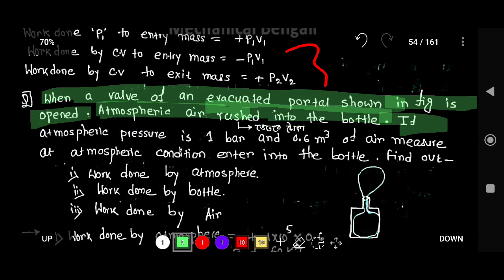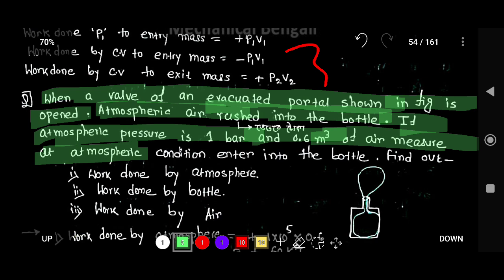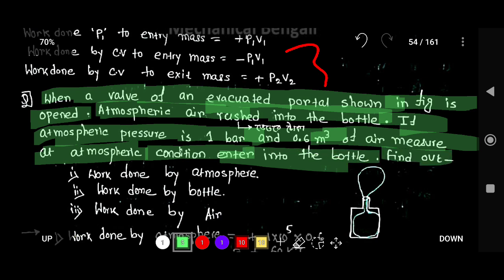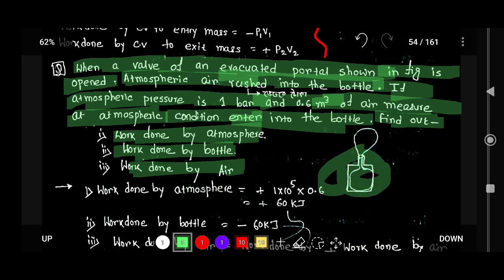If atmospheric pressure is 1 bar and 0.6 meter cube of air measured at atmospheric condition enters into the bottle, find out the work done by atmosphere, work done by bottle and work done by air. So basically this diagram is given in the question.